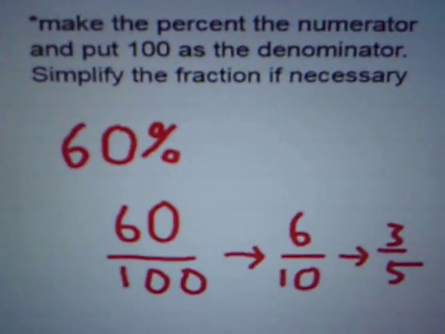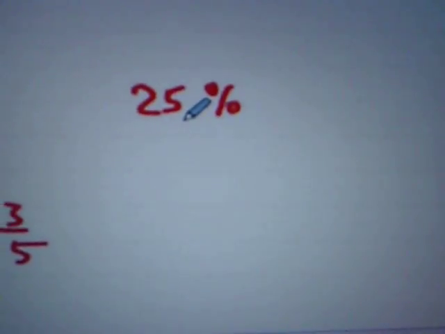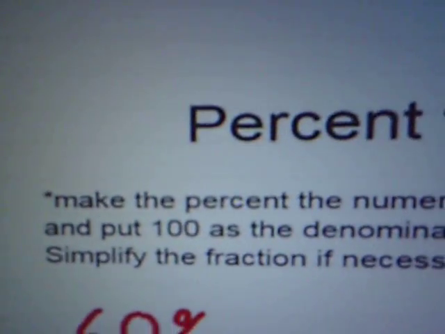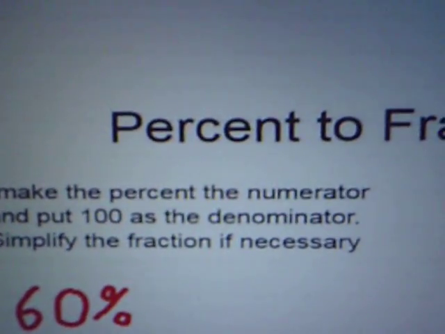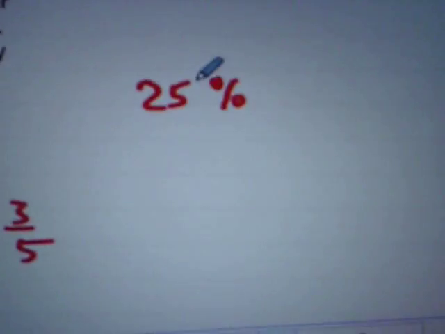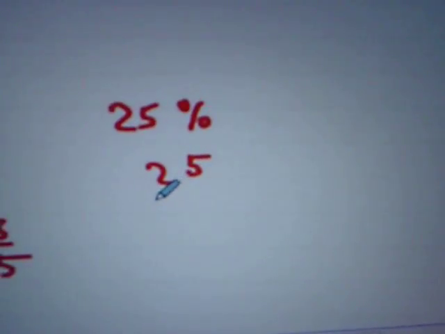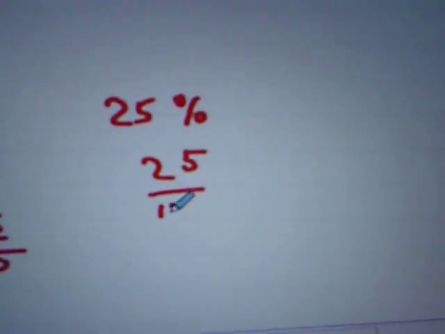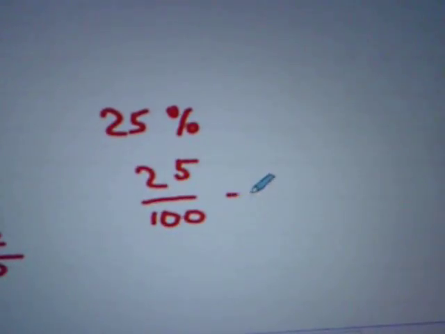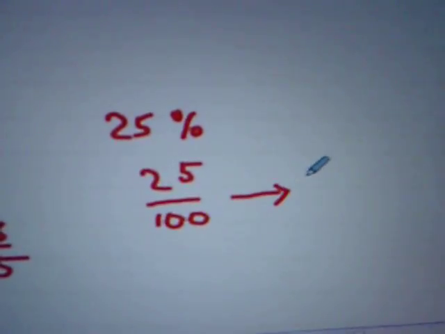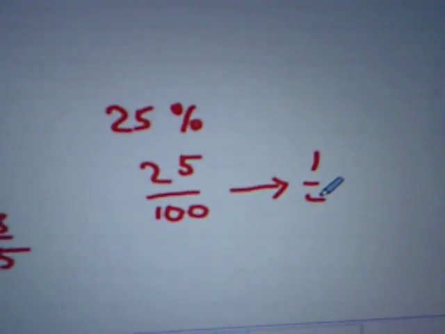And then, let's look at another example. 25%. Simply make the percent the numerator and put 100 as the denominator of the fraction, and simplify if necessary. So 25% simply becomes 25 over 100. And then you can simplify this to become 1 over 4, 1/4.